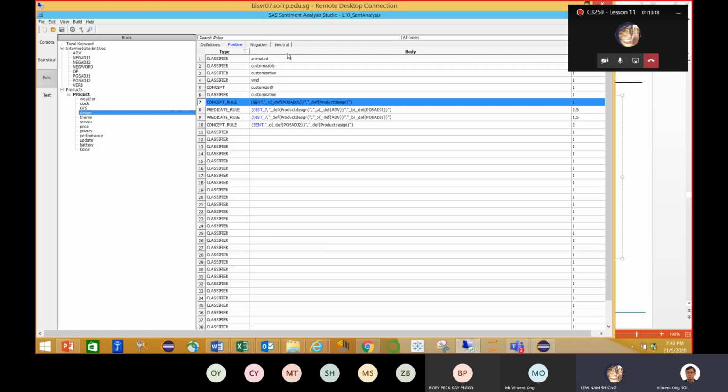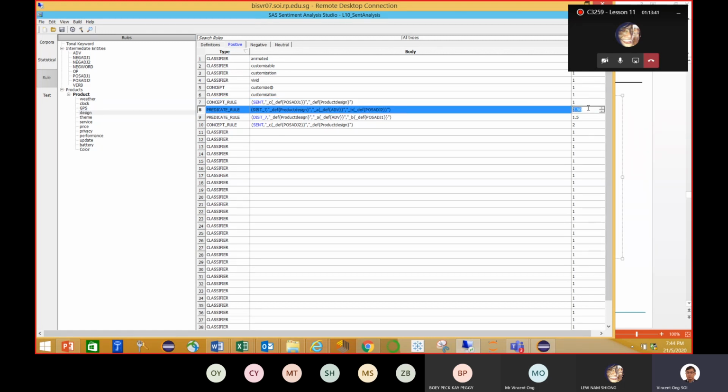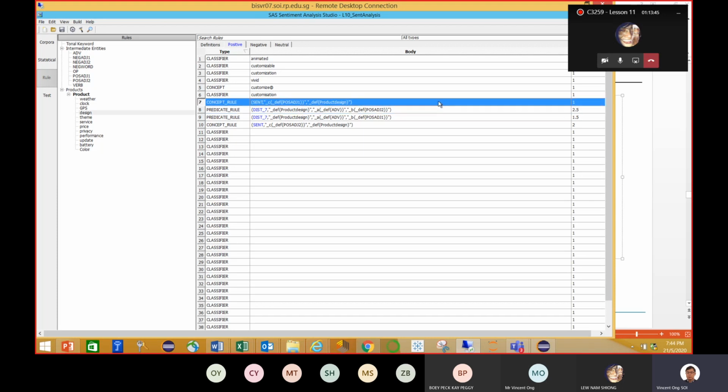But the weight you still choose as 1. You don't increase the weight. The default is 1. But based on business domain knowledge, if you feel that maybe the weight of this particular rule should be 2.5, as you can see in the next one, then I increase it.